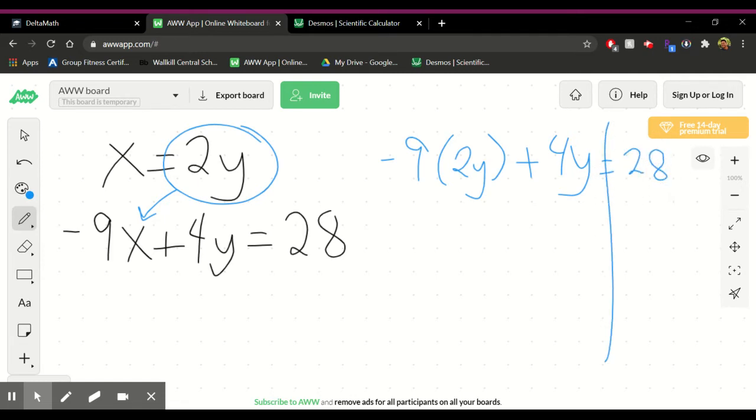Negative 9 times 2y is negative 18y plus 4y is 28. Negative 18y plus 4y is negative 14y.